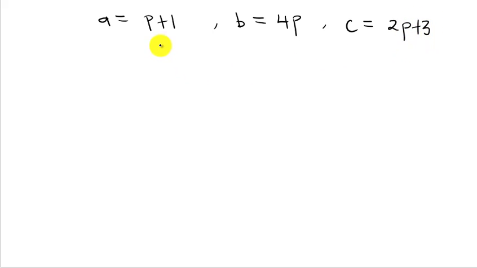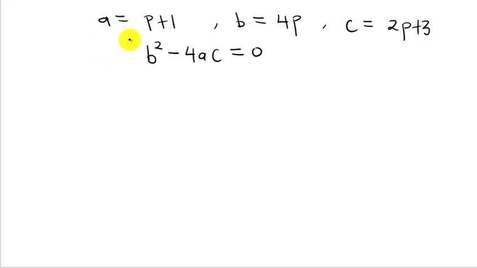So in this case, a is equal to p + 1, b is equal to 4p, and c is equal to 2p + 3. And we said for the equation to have equal roots, the discriminant, b² − 4ac, is supposed to be equal to 0.